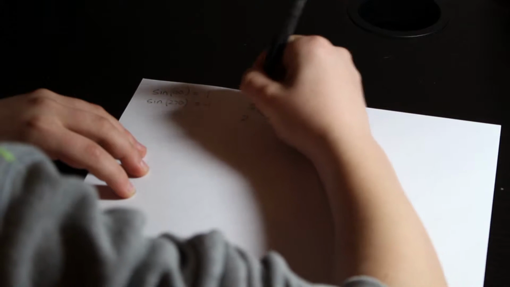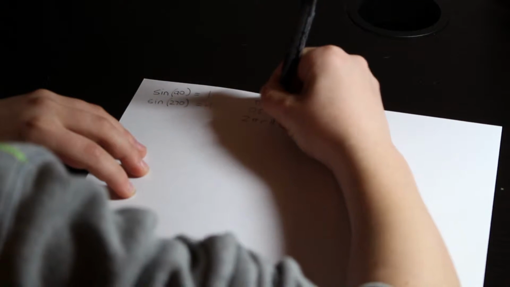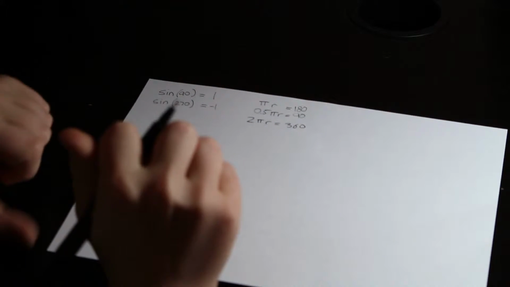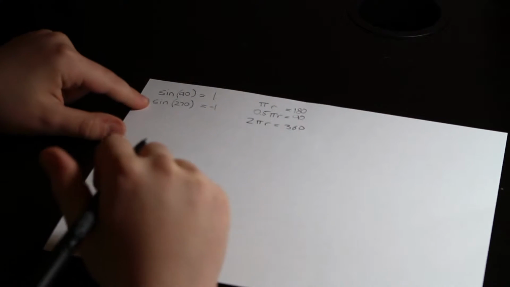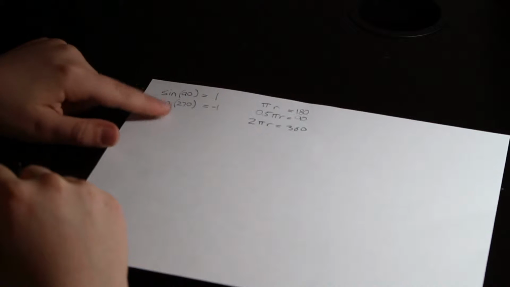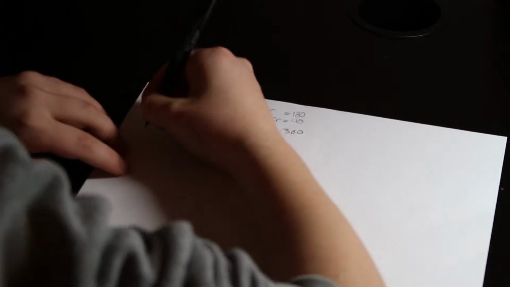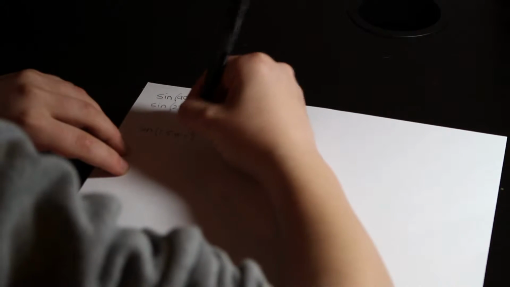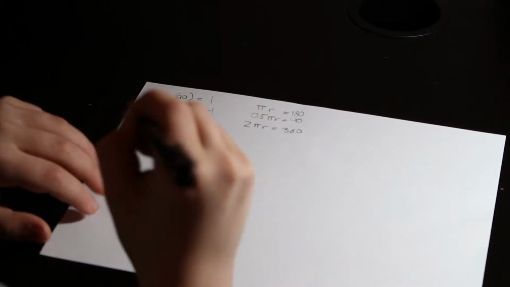And for a full 360, we go for 2 pi radians. So, if we were to write sine of 270 equals -1 in radians, we would say that the sine of 1.5 pi radians, you wouldn't have the r there, equals -1.